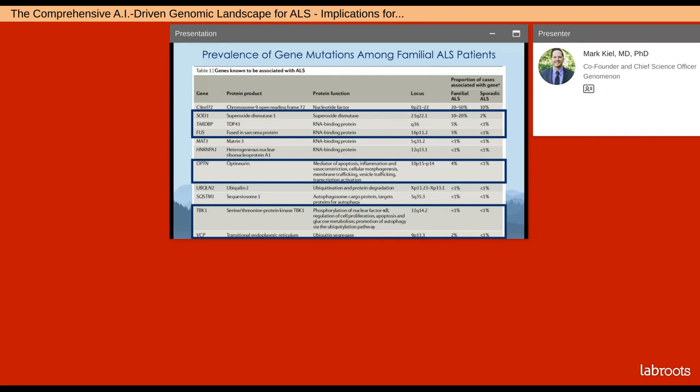So lastly, in terms of the description of the data and the results of the ALS genomic landscape, I want to talk a little bit to the prevalence of gene mutations among familial ALS patients, as reflected here, and I think this is a Nature Reviews review about ALS, but you can see here for each gene on the left, you can see on the right their relative prevalence, or the proportion of cases for familial and sporadic ALS where mutations in each of those genes have been found.